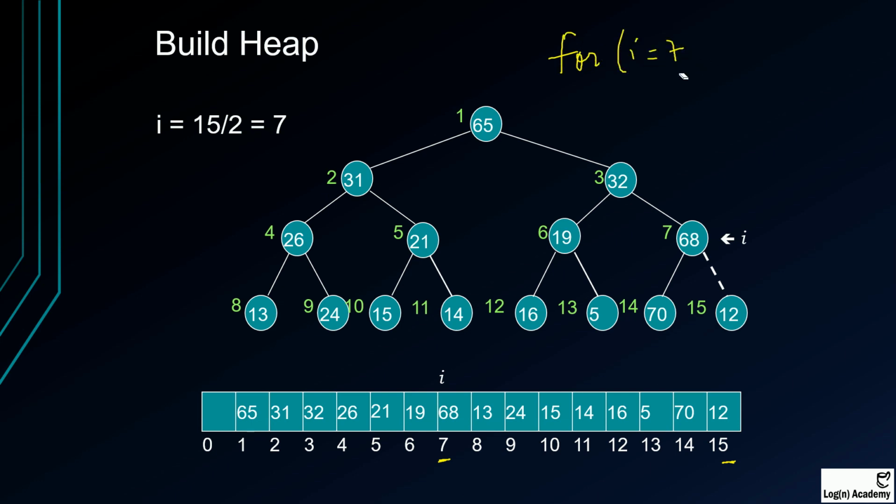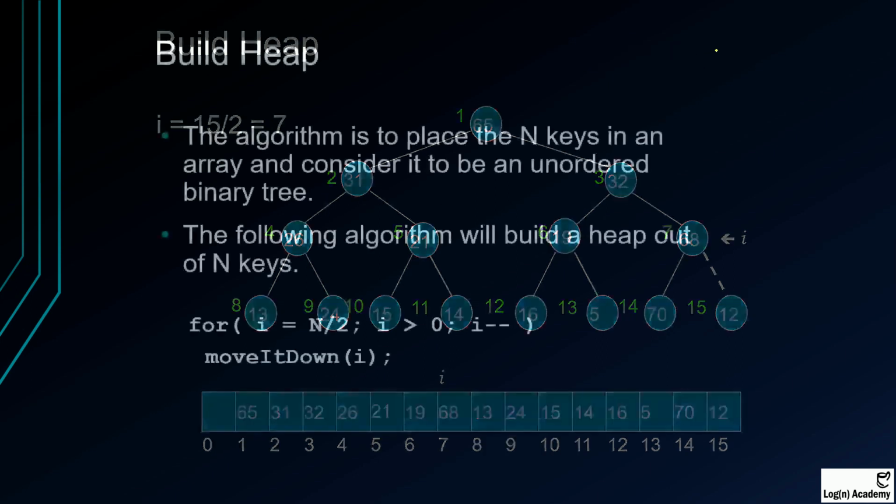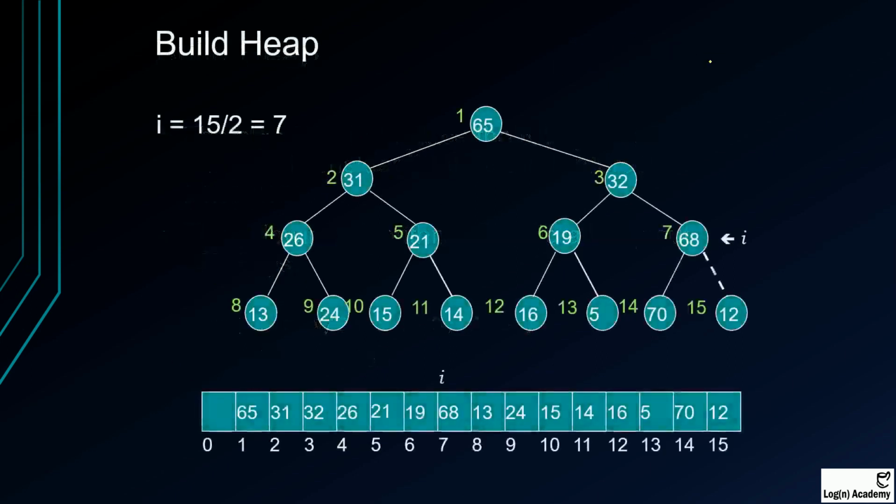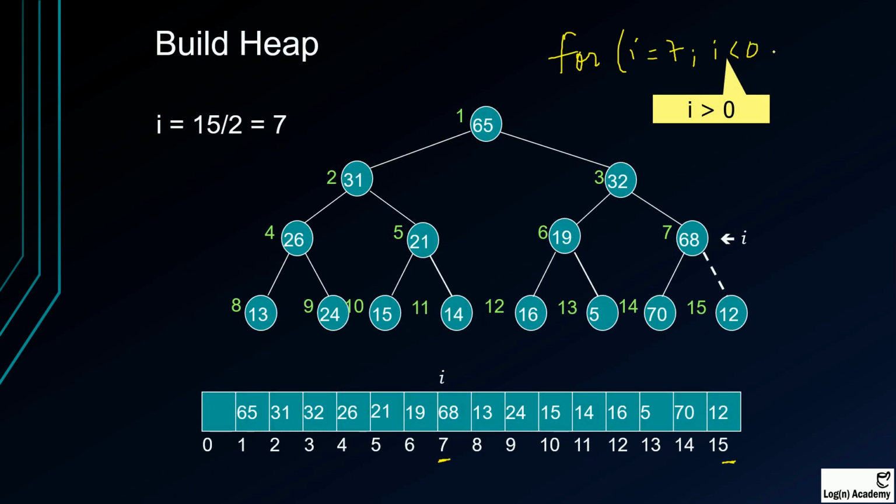And then i is greater than 0, and then i minus minus. This is the formula. Now what is i? i is actually a subtree.